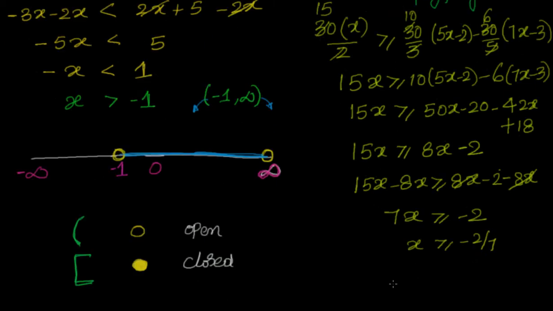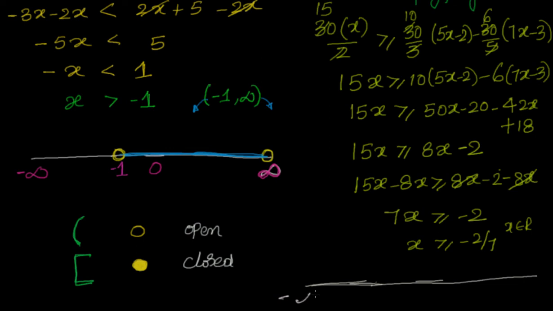Now how this looks in the number line: x greater than or equal to minus 2 by 7, and we are saying x belongs to R, so all real numbers. Again we'll go to the white line, saying that's a number line, and I have the values there.